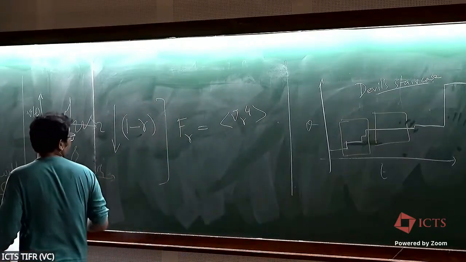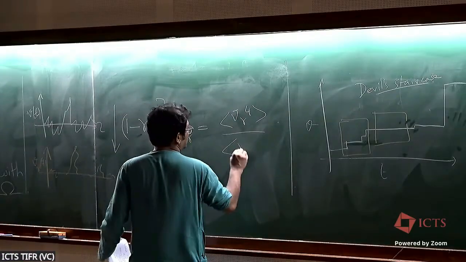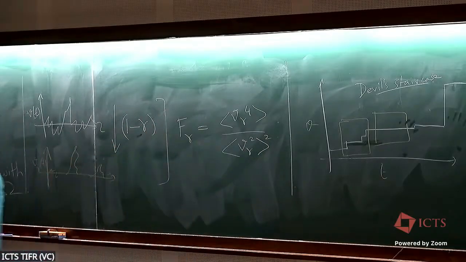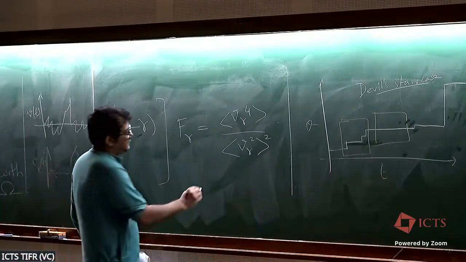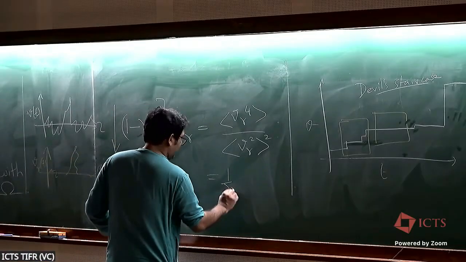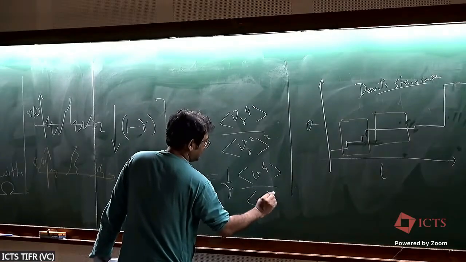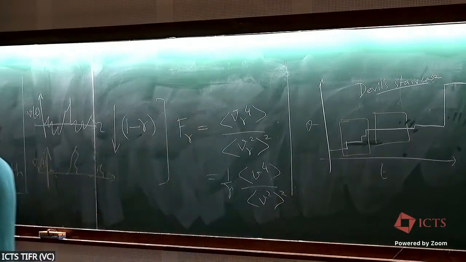This is S of V gamma, and you can convince yourself that this goes as 1 over gamma, simply because V gamma to the power 4 will just be gamma times V to the power 4.